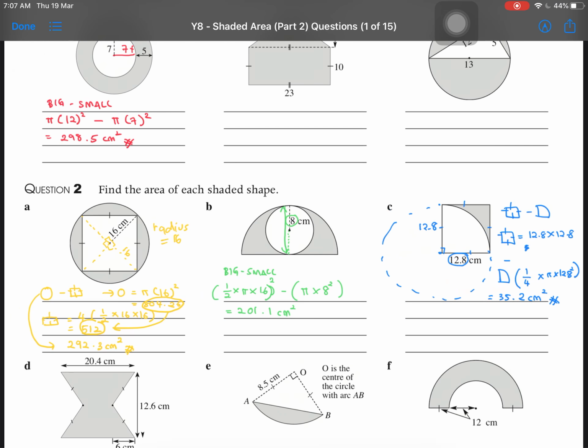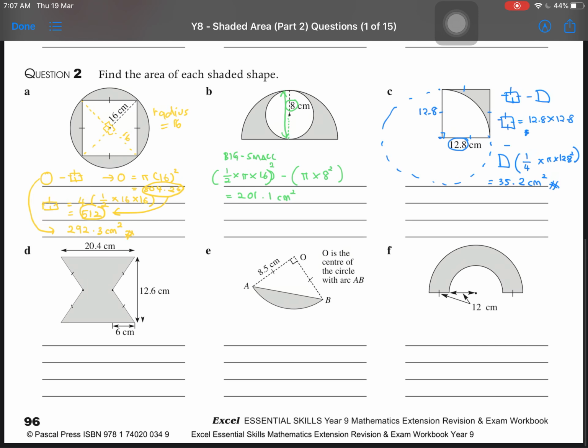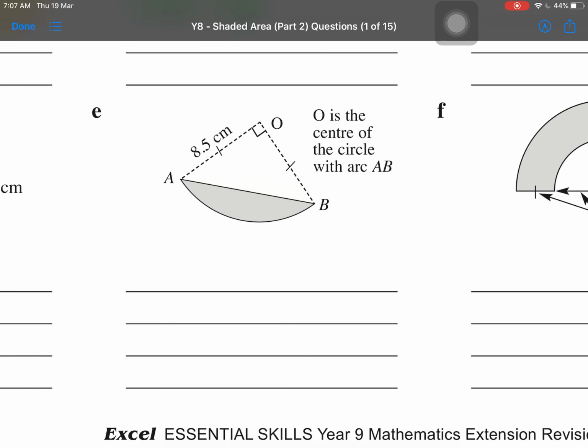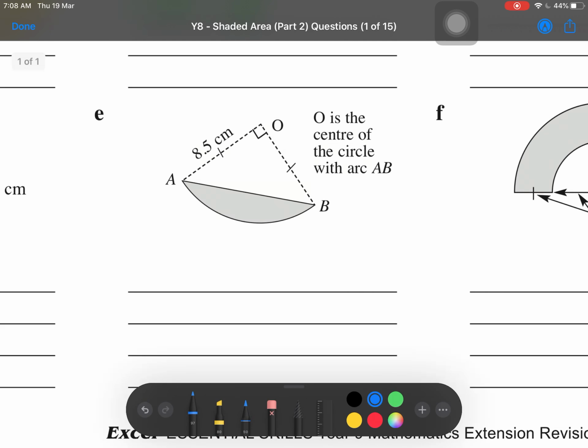Okay, so that's how you solve the first 3 questions from part 2. And now moving on, if you look at question E. Now, this one, the idea is still the same. It's big minus small. It's just that what you have to do is find the area of the sector minus the triangle.